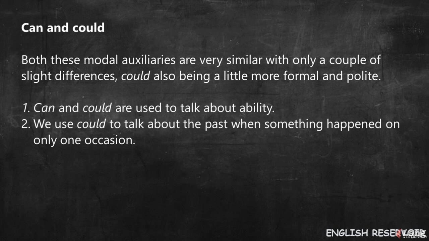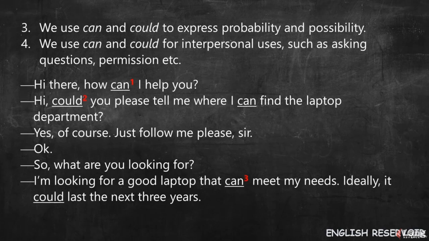We use could to talk about the past when something happened only on one occasion. 3. We use can and could to express probability and possibility. 4. We use can and could for interpersonal uses, such as asking questions, permission, etc.